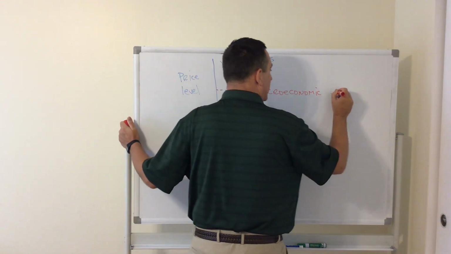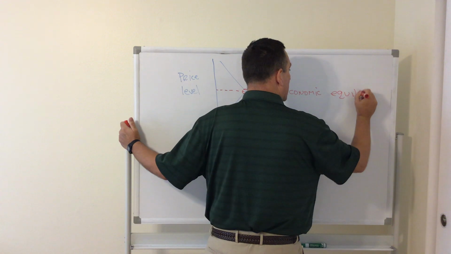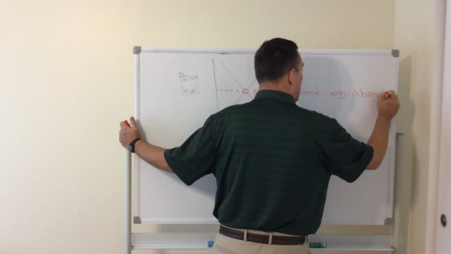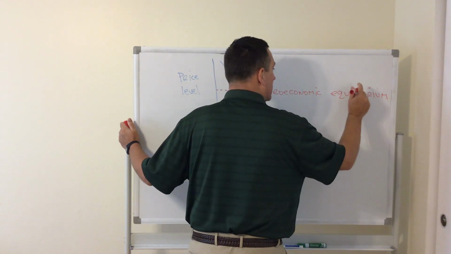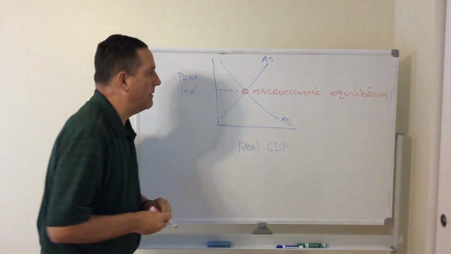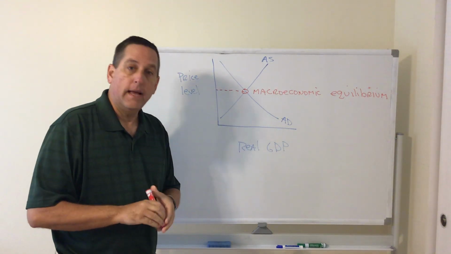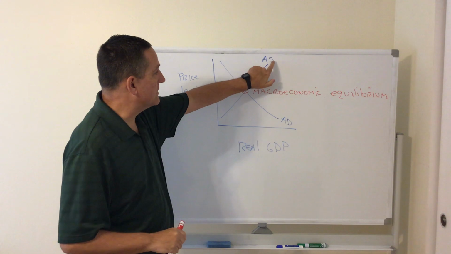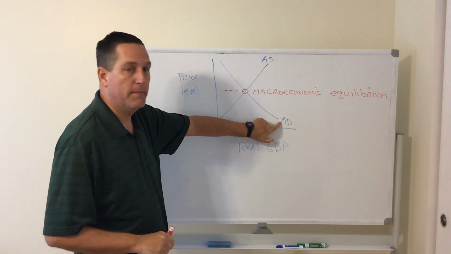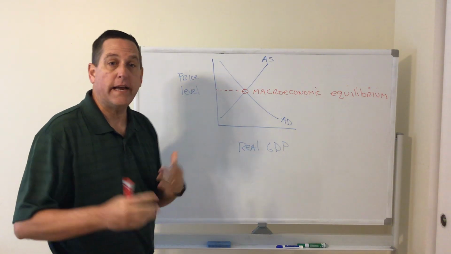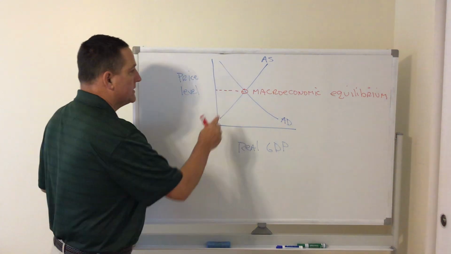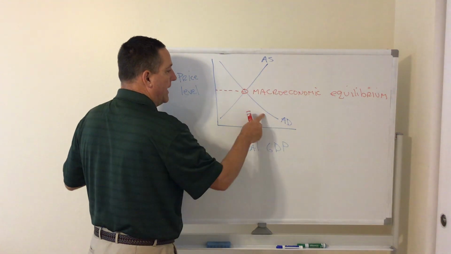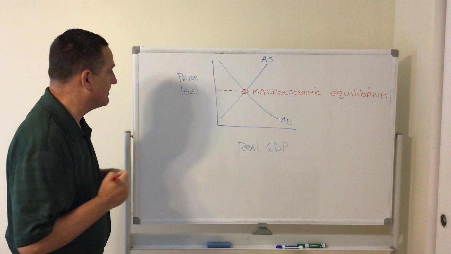And that's a mouthful. Macroeconomic equilibrium is the point where the aggregate supply and aggregate demand curves intersect.